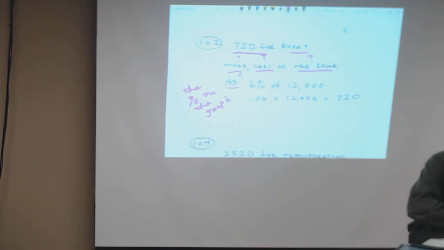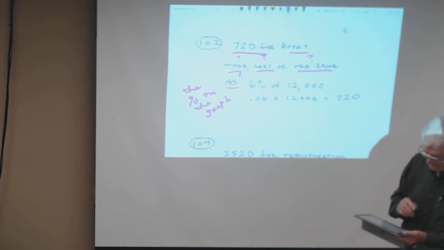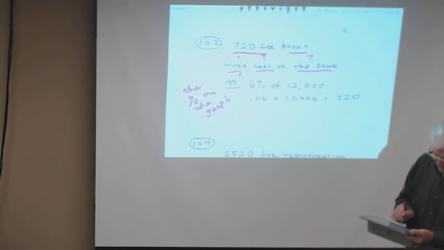So look back at the graph. And what's the percent on the graph for books? Do you see the picture on page 291? You see books is kind of a little vanilla color. What's the number? On the graph, 6% of how much?